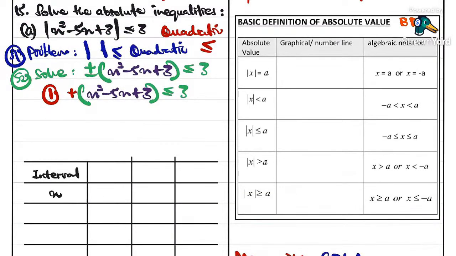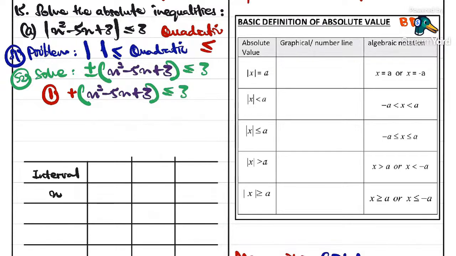So the first here, you must remember to factorize. Careful. Before you factorize, dia mesti equal to kosong. This one must be equal to 0 first, remember?